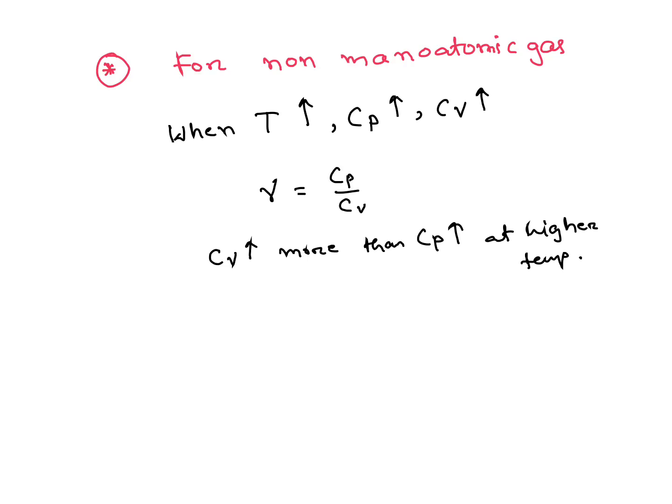So gamma, Cp also increases, Cv also increases, but overall gamma decreases for non-monoatomic gases at higher temperature.